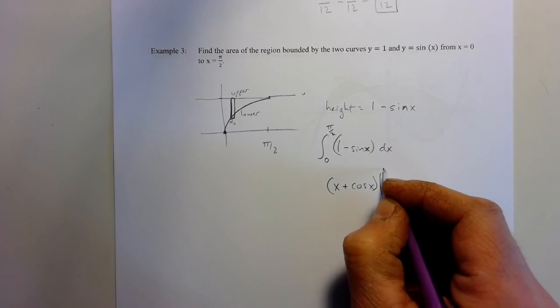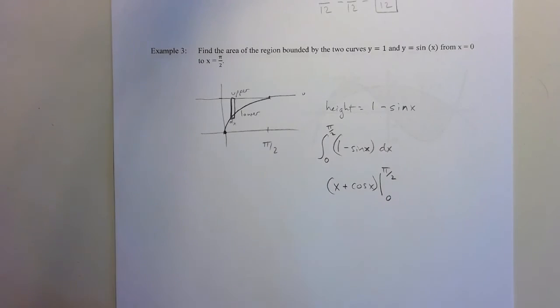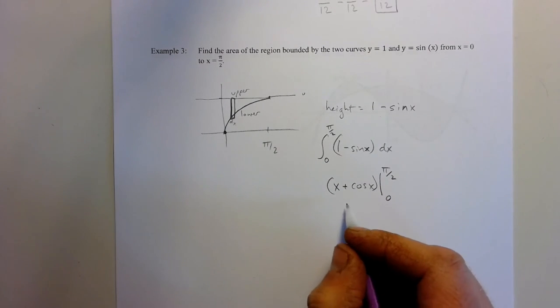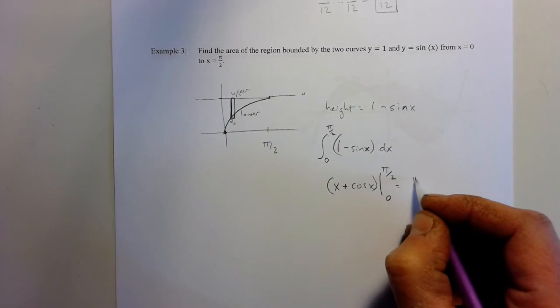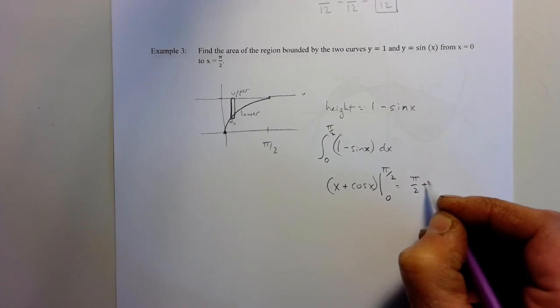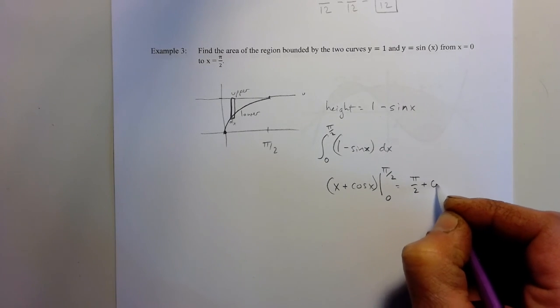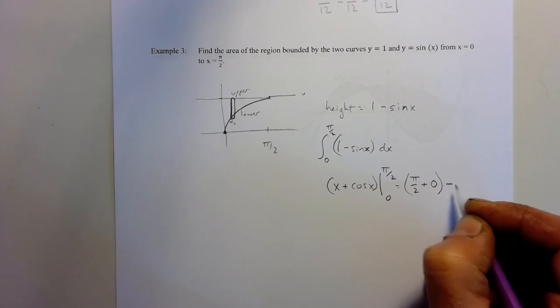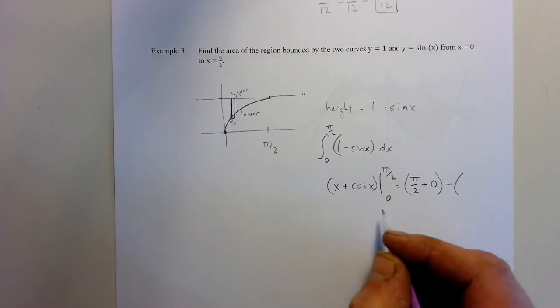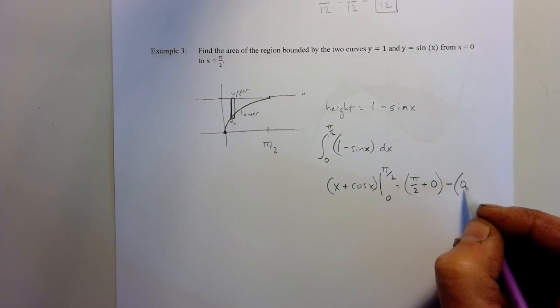Bounds are 0 to pi over 2, so I'll put those in. Okay, so now let's plug in the upper bound here, and we have pi over 2. Cosine of pi over 2 is 0. Okay, let's plug in 0. Cosine of 0 is 1.